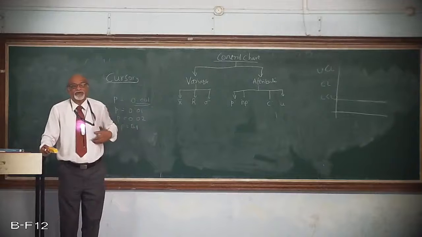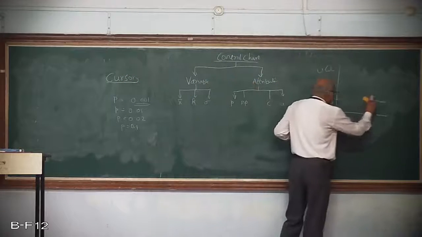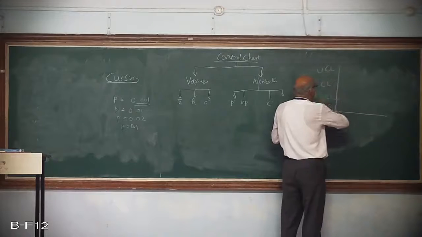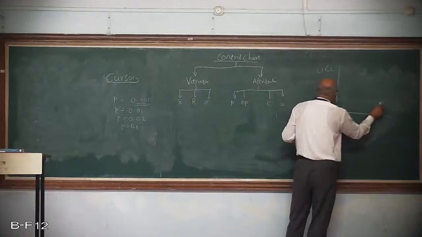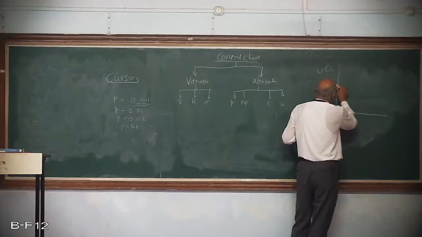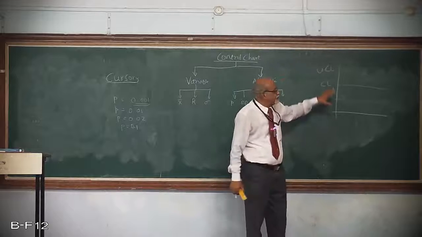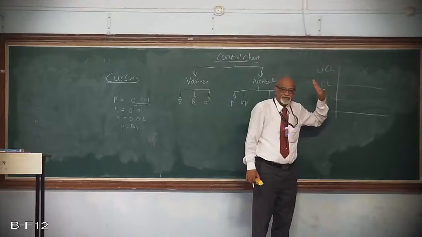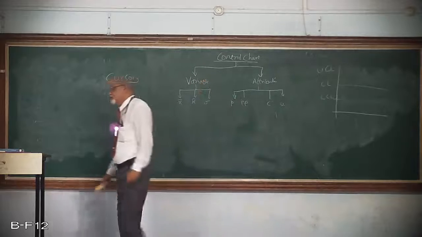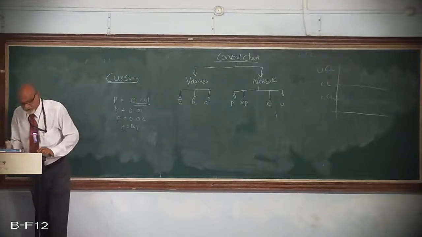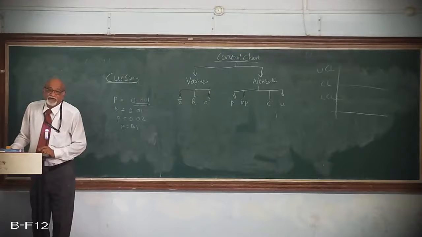Okay. So now, I said it will have again 3 things. One is upper control limit, again dashed lines, lower control limit, dashed line, the central line, it is the solid line. If all the samples fall within the control limits, yes, the process is under control, or if one of them falls outside the control limits, the process is out of control. Again, the same interpretation.